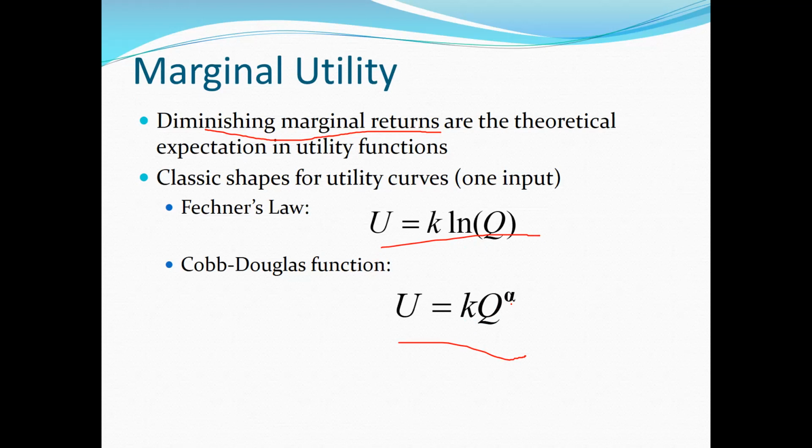Fechner's law is utility equal to K times ln Q. And the Cobb-Douglas function is K times Q raised to the power alpha. Again, you can choose values of alpha that make sure this function has that diminishing marginal returns. Okay.